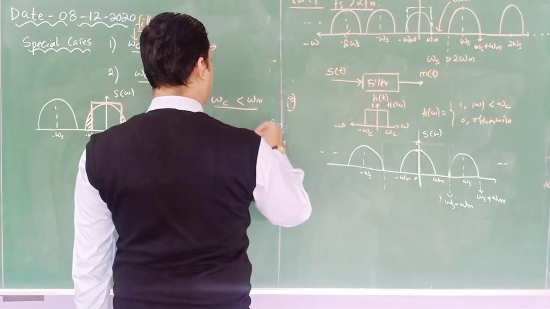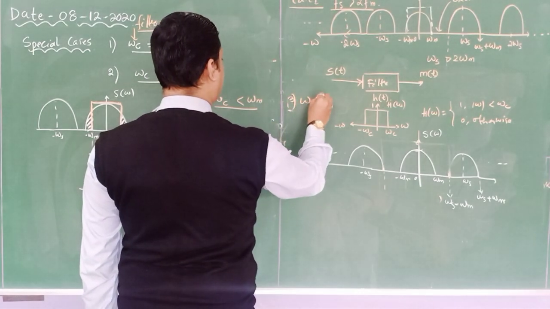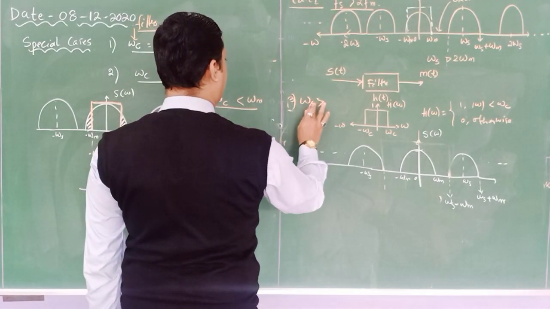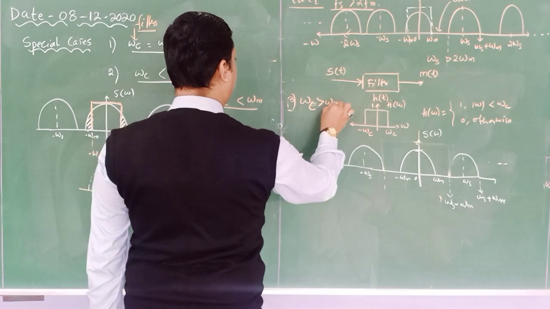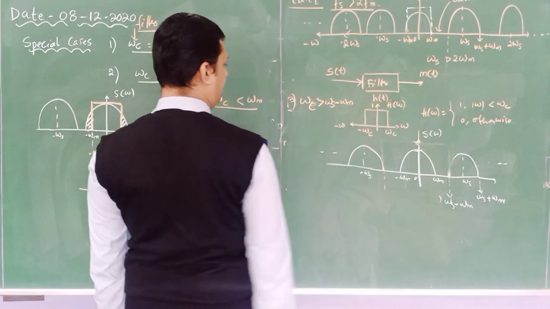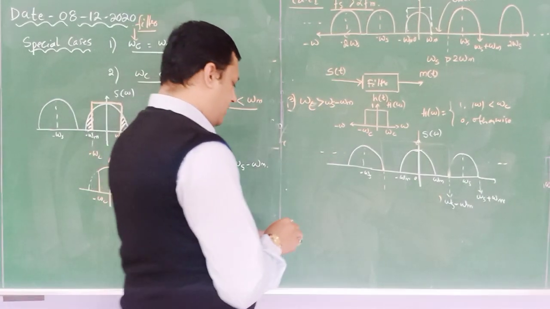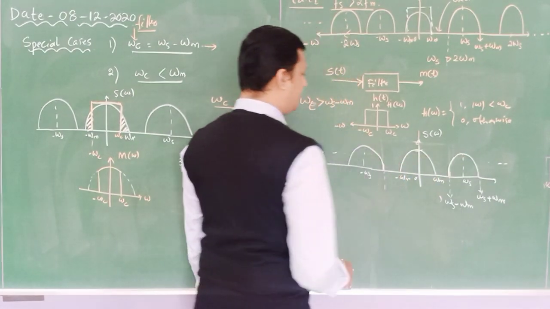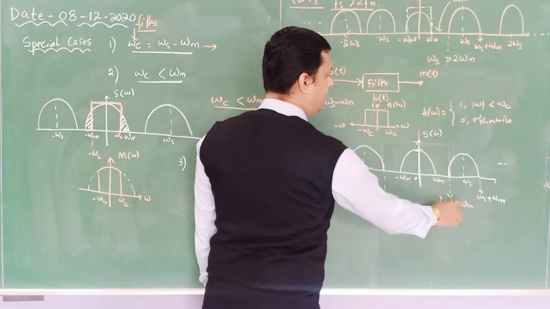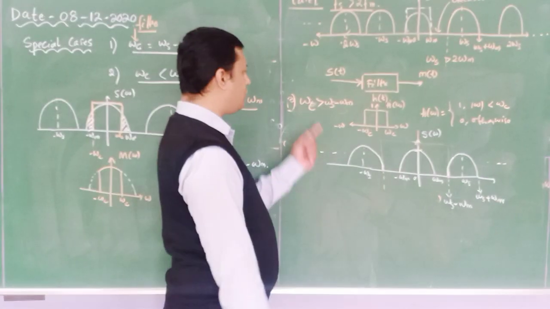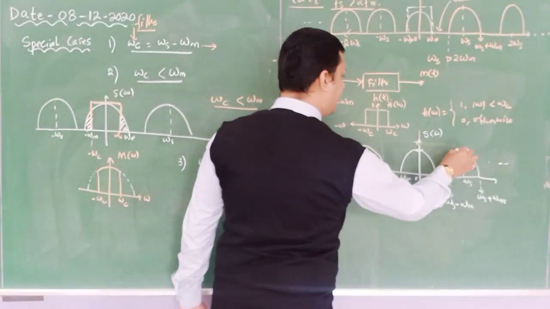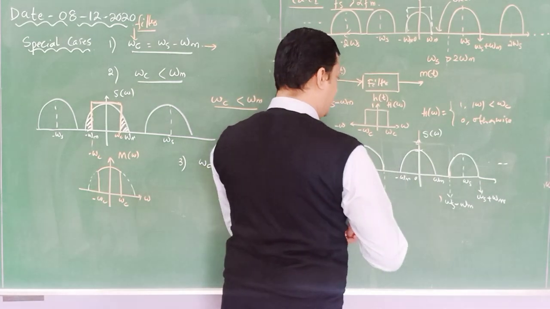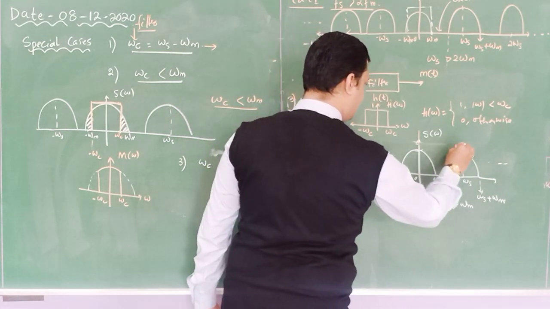So case 3, omega c greater than omega s minus omega m. Now in this figure you can see this is omega s minus omega m. Your omega s is greater than this. So that means this much amount it can take to this much.